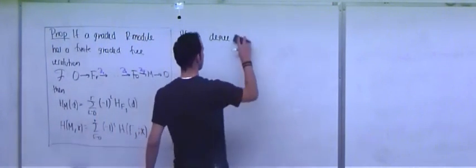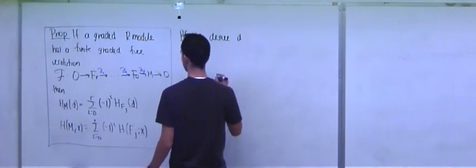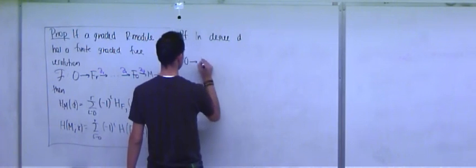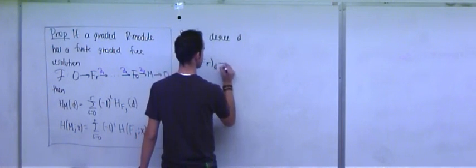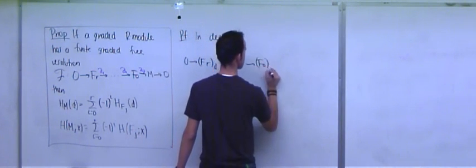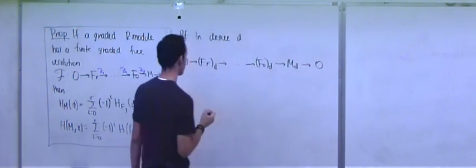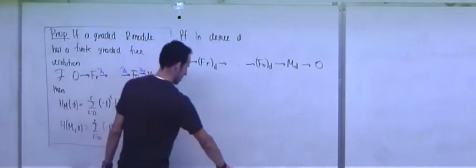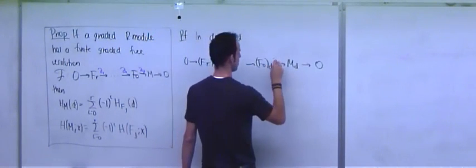So in degree d, this looks like this. So we can make our maps restrict to maps in each degree.